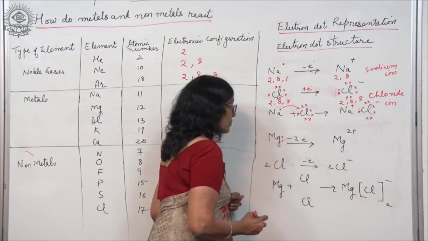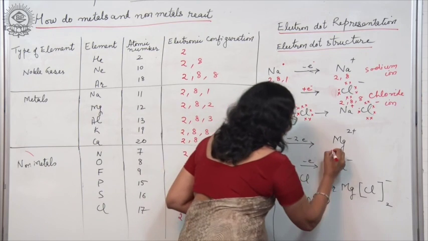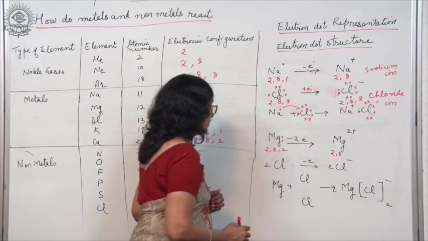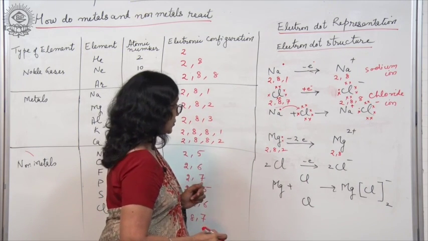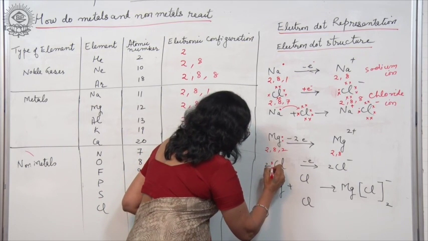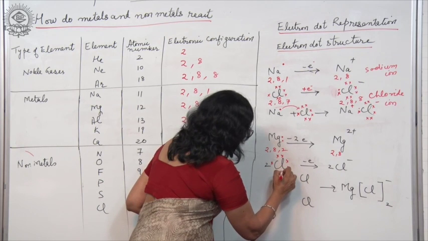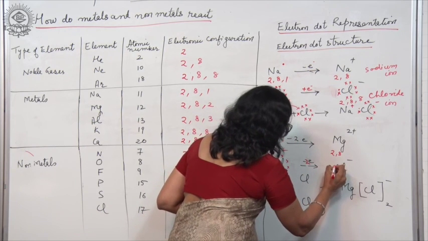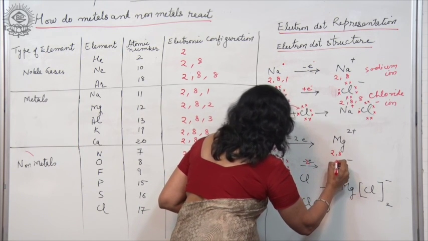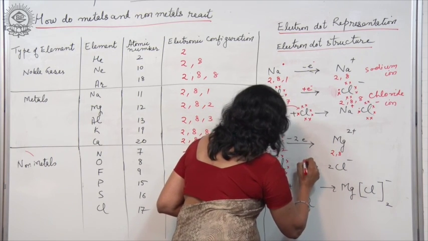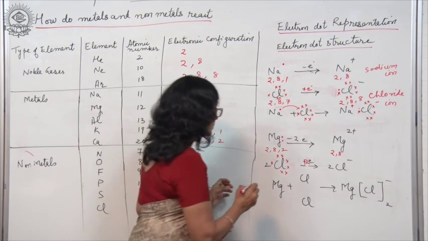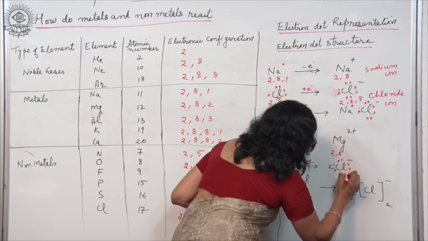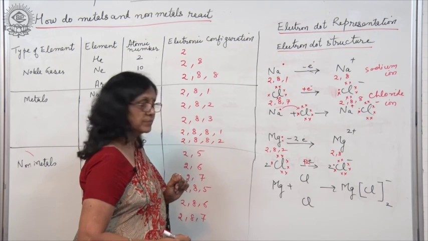By losing these 2 electrons, it attains the neon gas configuration, becomes stable and gains a 2 plus charge, whereas the chlorine atoms do not lose but gain electrons and form 2 chloride ions. So, now we can see this.